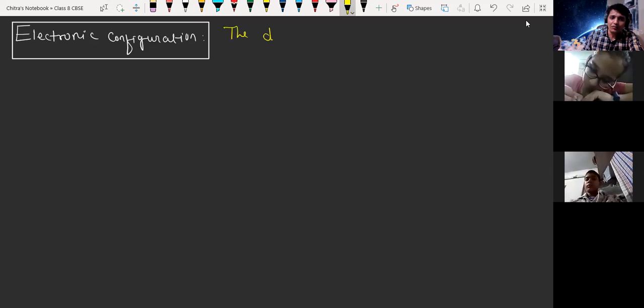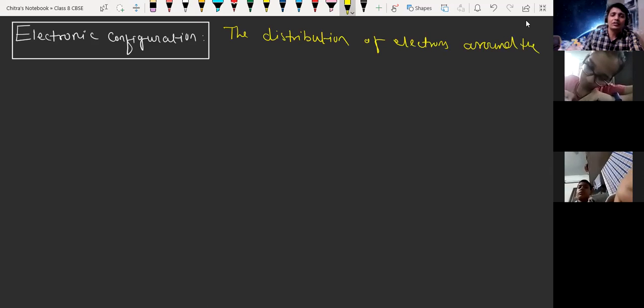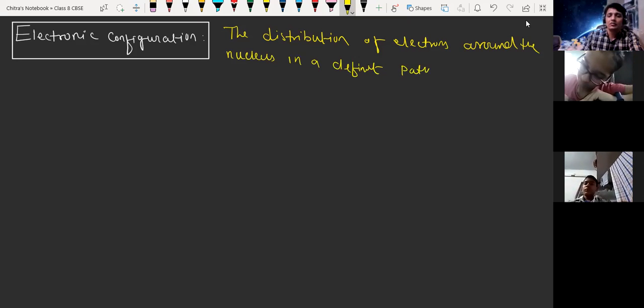The distribution of electrons around the nucleus in a definite path called orbit.